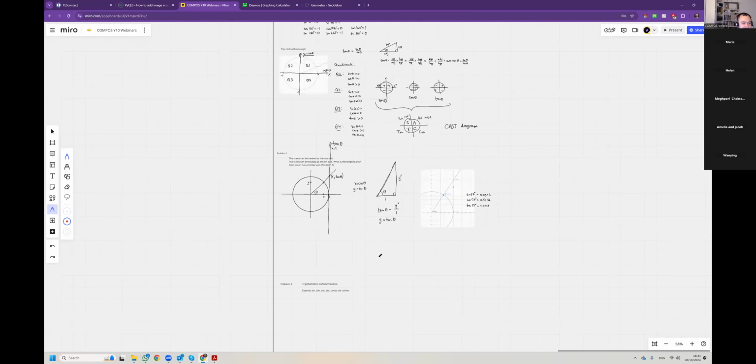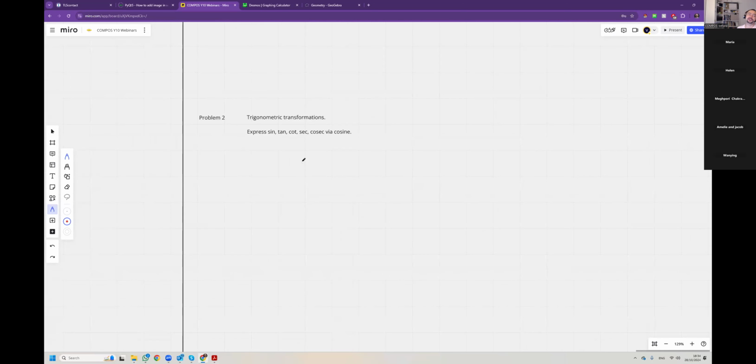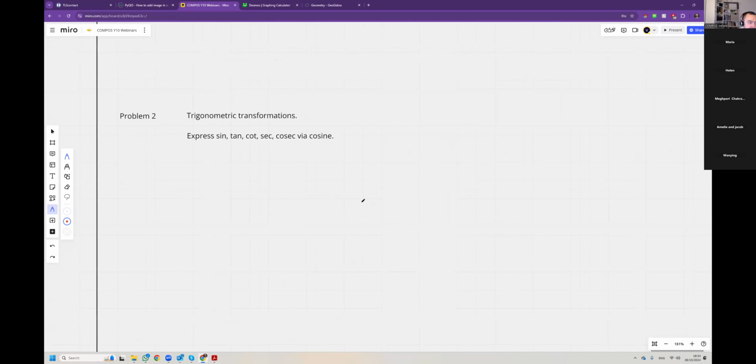So that's the trig circle. Now, trigonometric transformations. The two main trig identities that you need to know.